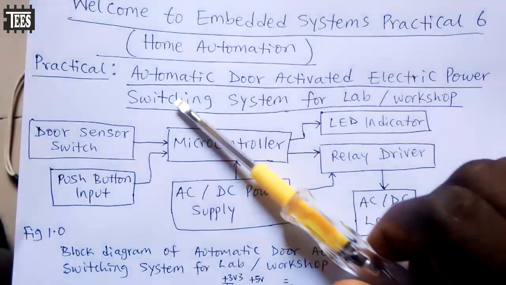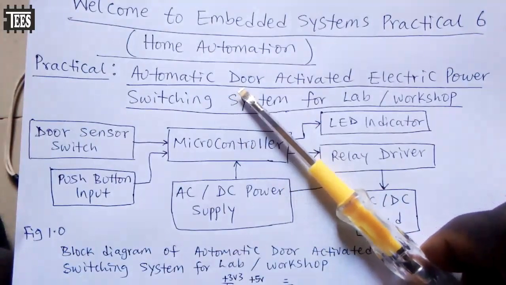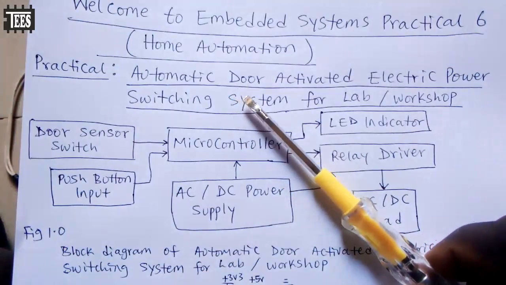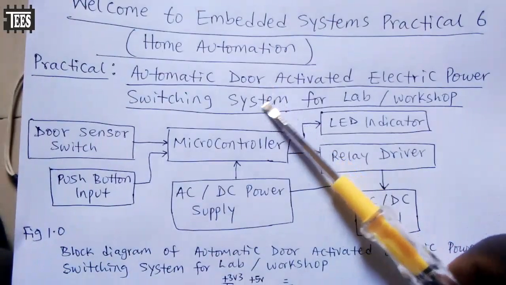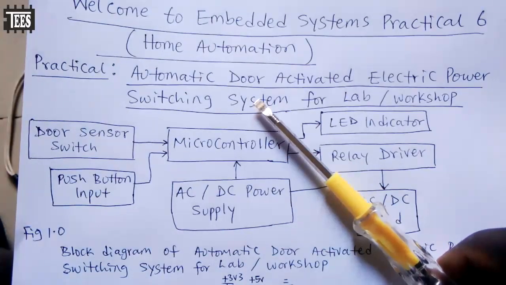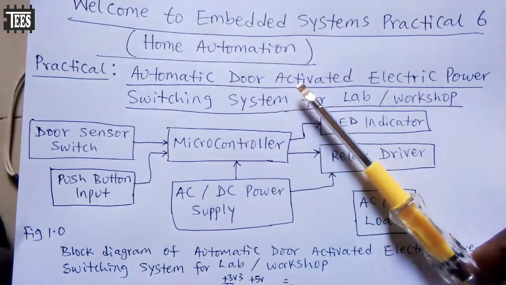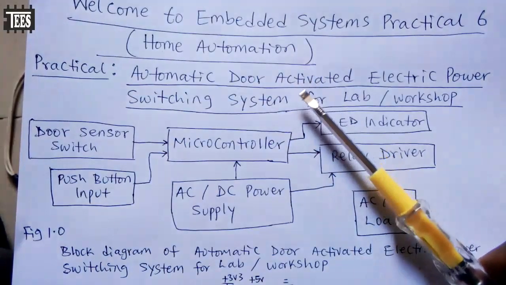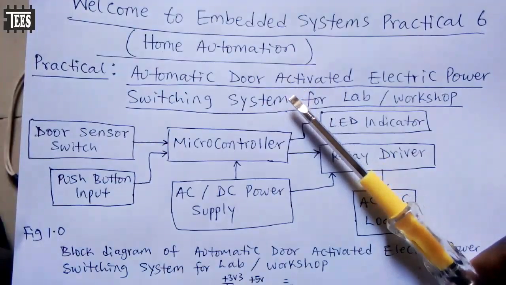So now I've designed a system whereby if I close the door of my workshop, the system will detect that the doors are closed and the main power switch supplying electricity either to some of my appliances or to the entire workshop will be automatically disconnected.